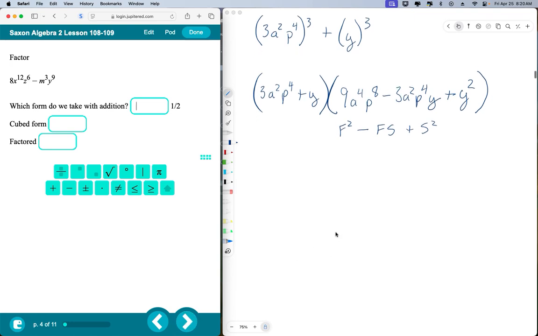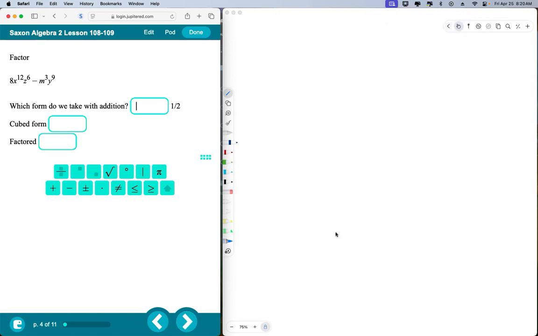All right, let's look at this one. So addition. I don't think that's the right question. It says, which form do we take with addition? But this is subtraction. So I'm going to check this right quick just to see.